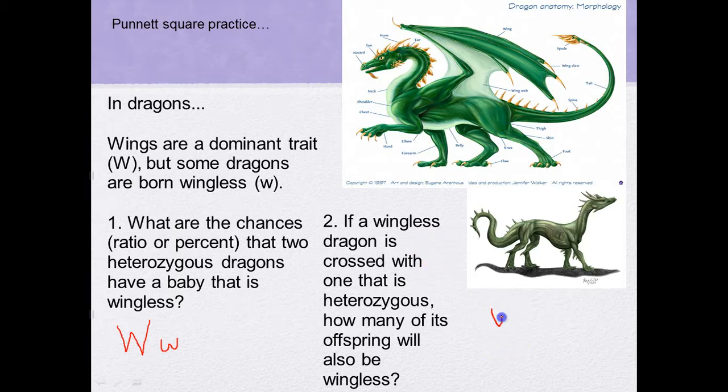One of them is heterozygous, while the other is wingless. These are your lowercase letters. And again, do your Punnett square on paper, and in your assignment, simply tell me the ratio of offspring that will be wingless to those that aren't.